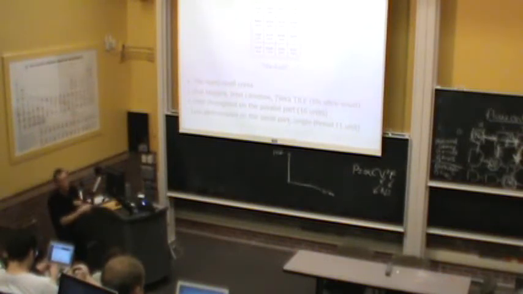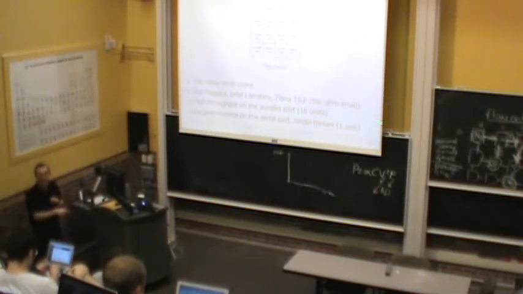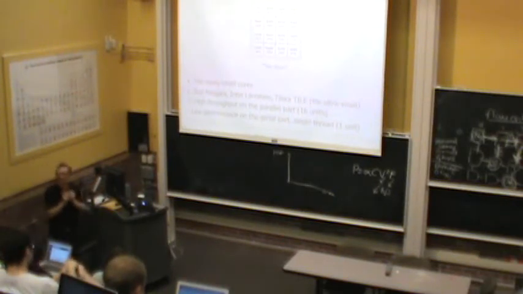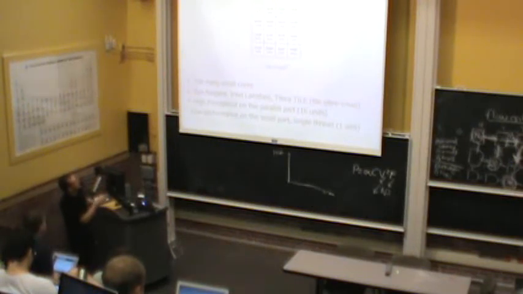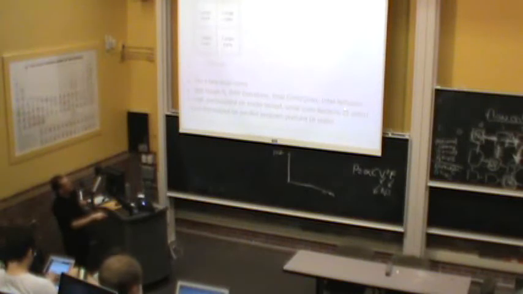You can tile many of these wimpy cores, if you will, and Tilera has tiled ultra small cores, if you will. Those cores are even smaller than the Niagara cores. You get high throughput on the parallel part, right? If you're parallel, you execute 1 thread on each, and each of them has 1 unit of performance, so you get 16 units of performance. But low performance on the serial part. Now your single thread executes here, and its performance is half the performance of what you would get here.